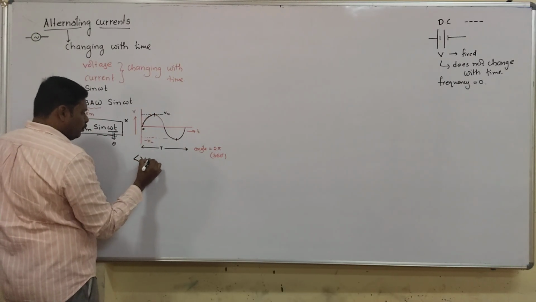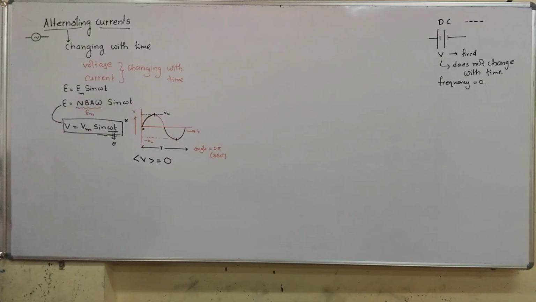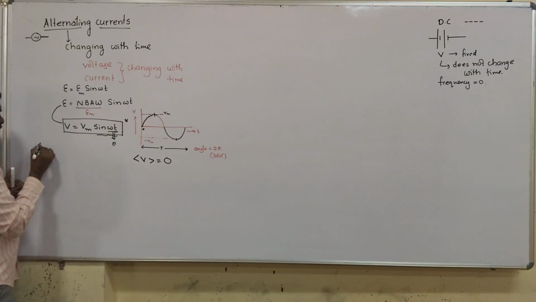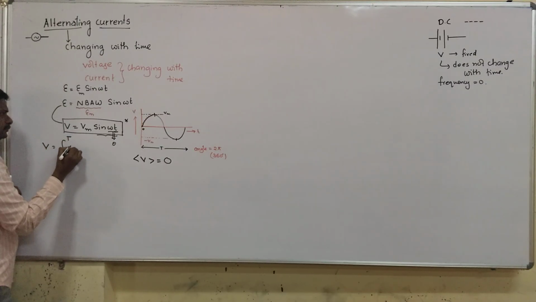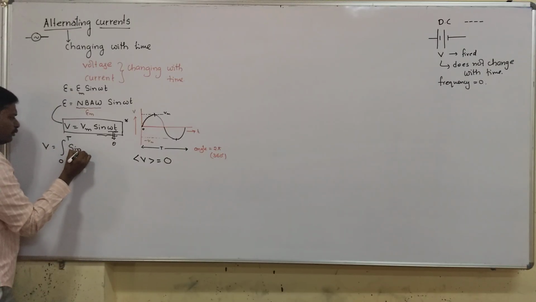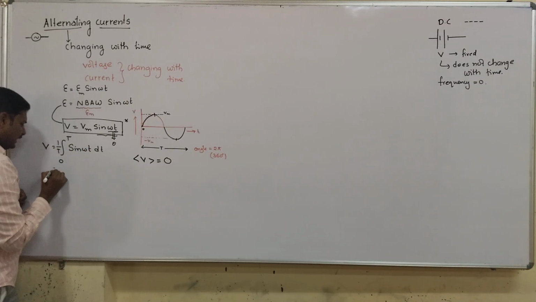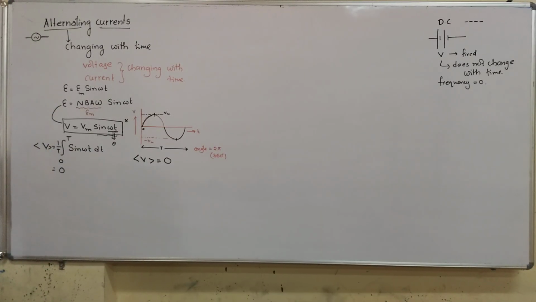The average value of voltage over one cycle is equal to 0. Otherwise you write it like this: the average value over one cycle is 1 by T times the integral from 0 to T of V max sine omega t dt. If you calculate it, this is 0. So this is called the average value over one cycle.